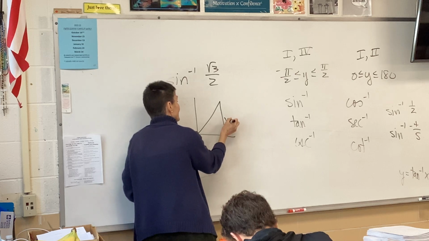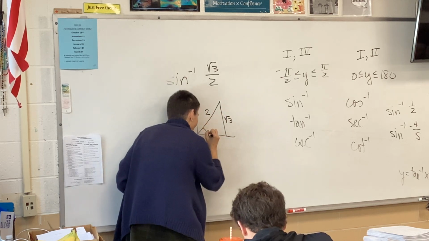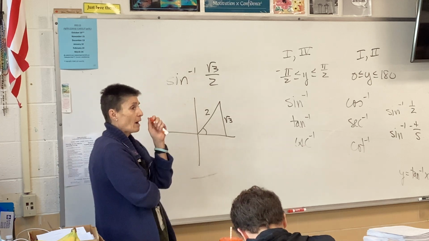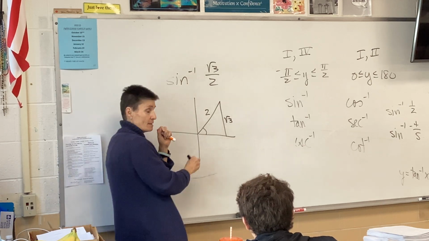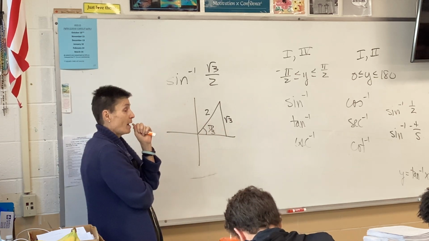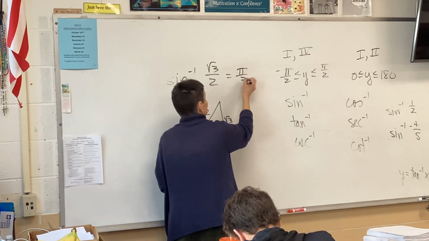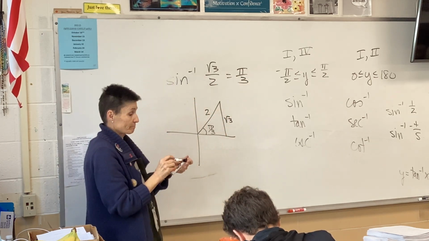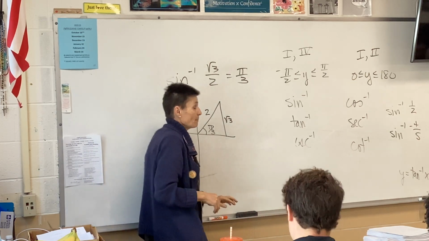The sine is √3/2, which means the reference angle is how big? 60, which in radians is 1/3 of 180, so 1/3 of pi. And that, my friends, is the answer to the problem. That's it. All right, let's stop there.